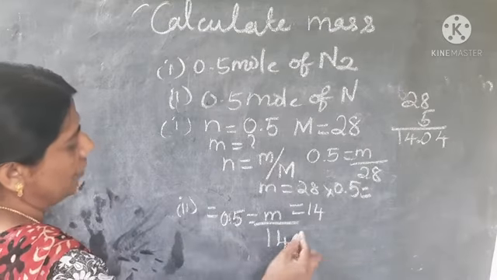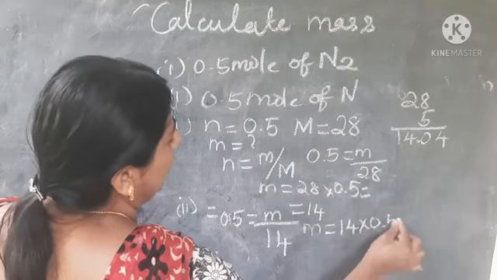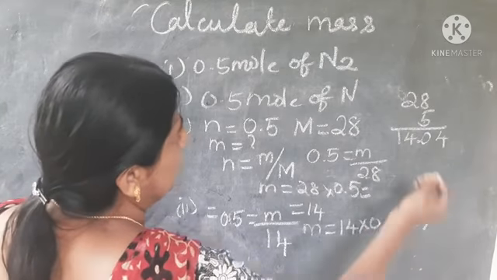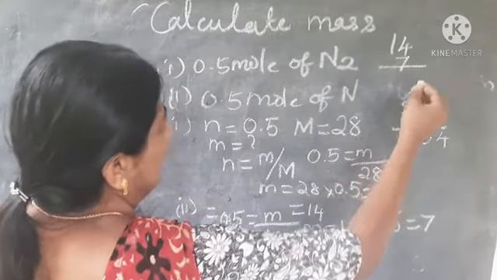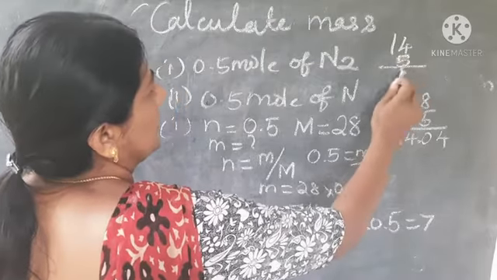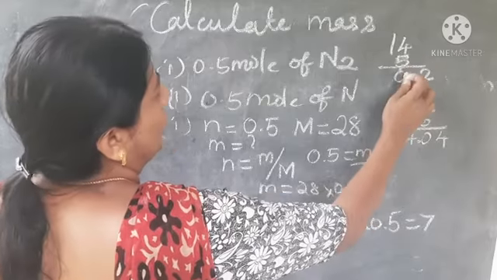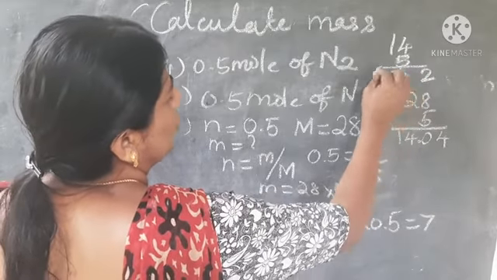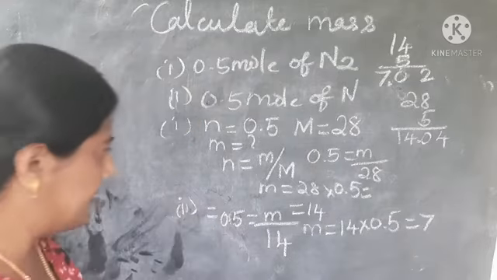So m is equal to 14 into 0.5. The answer will be 7. You multiply and see it, 14 with 5. It is 5 into 4, 20. 1 into 5 plus 2, 7. After 1 decimal I am putting the point. So the answer is 7.